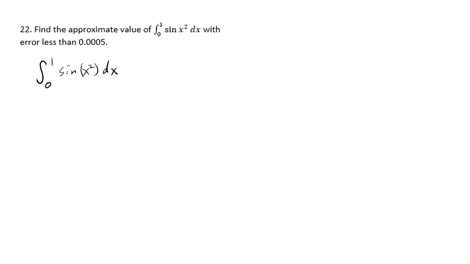This is one of those integrals where the antiderivative cannot be expressed by basic functions. Now, when this happens, you have two ways to figure out this integral. One will be to use something like Simpson's rule, because after all, this is an area, so you can approximate the definite integral using Simpson's rule.